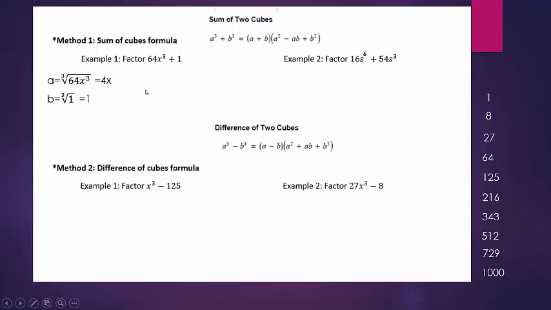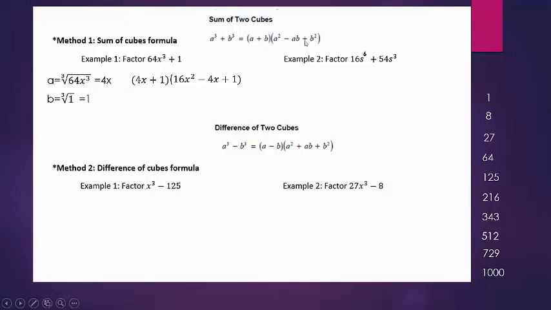And then we're going to set up our formula. It says we're supposed to add a plus b, so we're going to do 4x plus 1. And then we want to square a. So 4x times 4x is 16x squared. We write minus a times b, which is 4x.